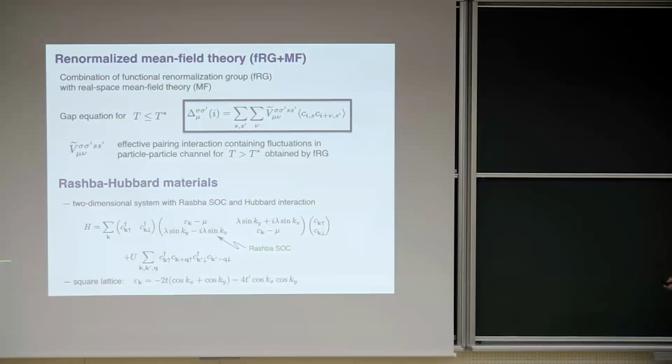So basically, this method takes the interactions into account at large temperature, at larger energy scales, in an unbiased way. And then when we come to this stopping temperature, we can also include disorder at the lower energy scale, because in this real space mean field theory, we can also add disorder to the problem.